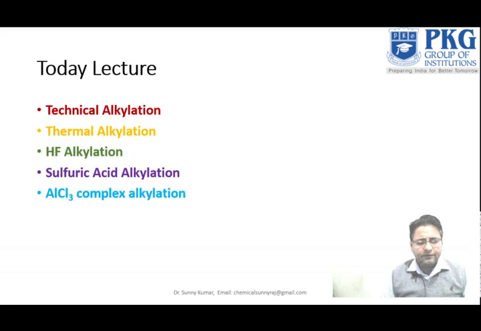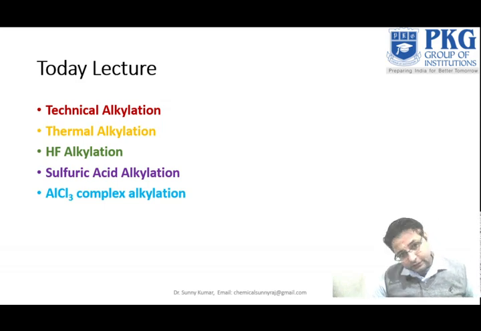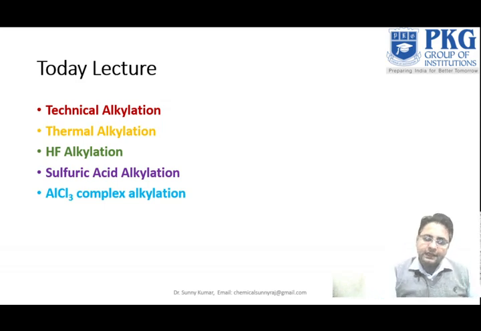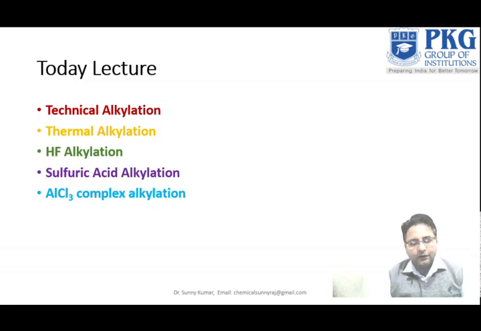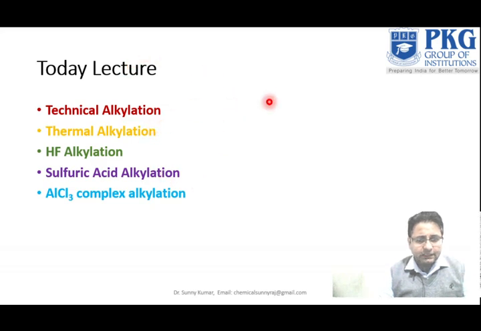We have seen the different flow sheets for sulfuric acid alkylation, and the effect of different catalysts, such as hydrogen fluoride, sulfuric acid, or aluminum chloride, for manufacturing of these different substances. And what operating conditions are required, what will be the conversion and yield, and what will be the pressure for the system. This we have read today in these technical alkylation processes.